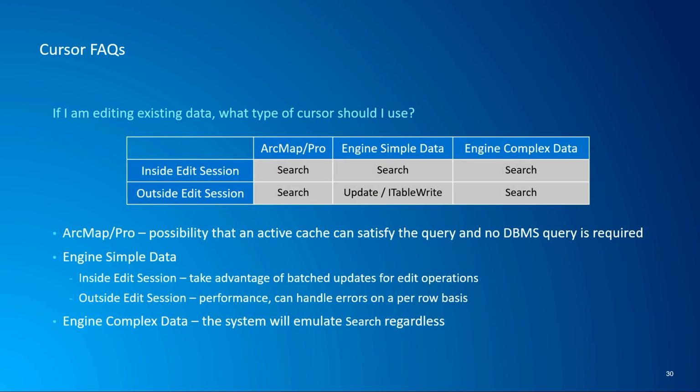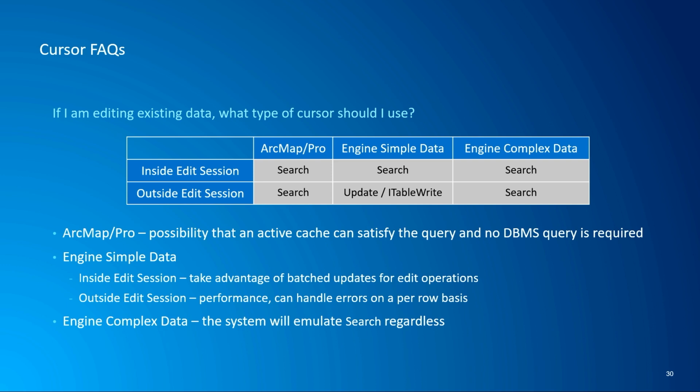Now, say you are editing data. What type of cursors should you be using? On the horizontal axis, we differentiate between whether you're inside or outside of an edit session. And in the vertical, we are looking at, first, are you using the desktop application, either ArcMap or Pro? Are you running an engine application, essentially a headless application just hitting ArcObjects?